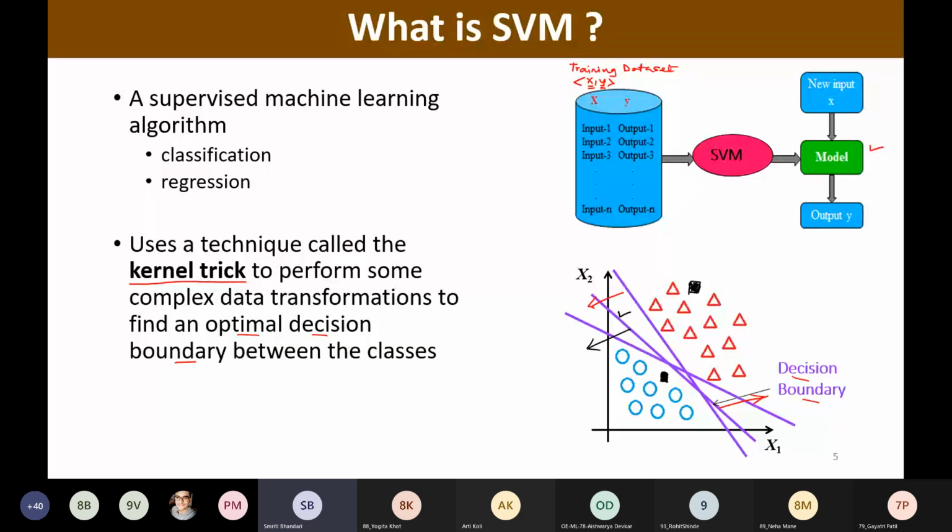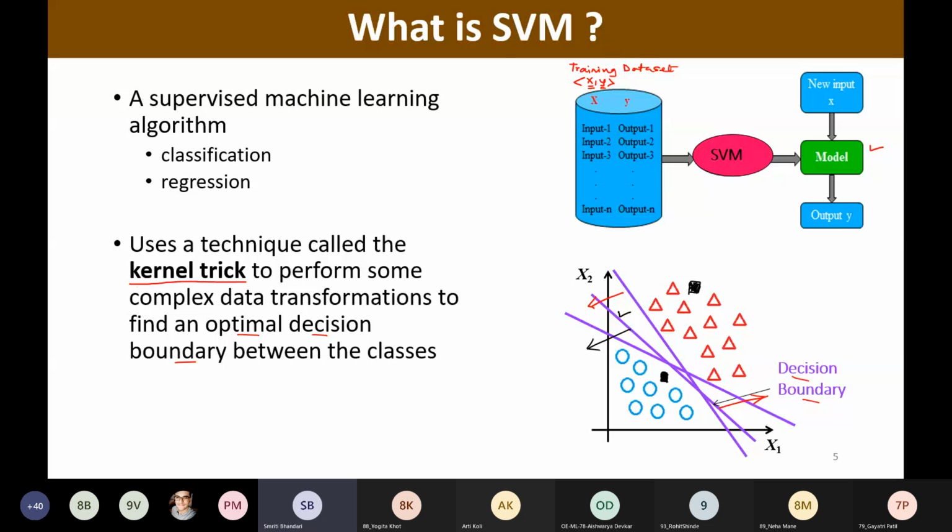So ultimately, the goal of any such kind of supervised machine learning algorithm is to come up with a decision boundary. We are having various different kinds of algorithms, and every algorithm works with some principle so that it will provide us the optimal boundary, right?